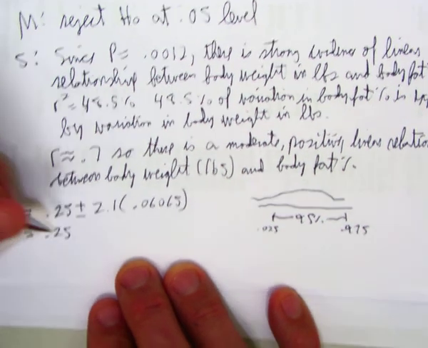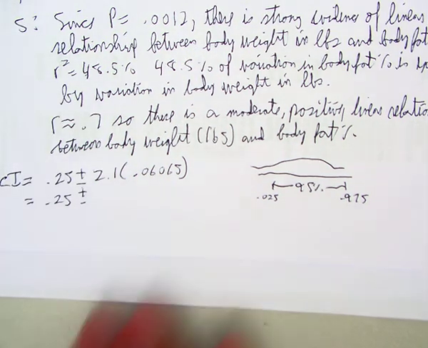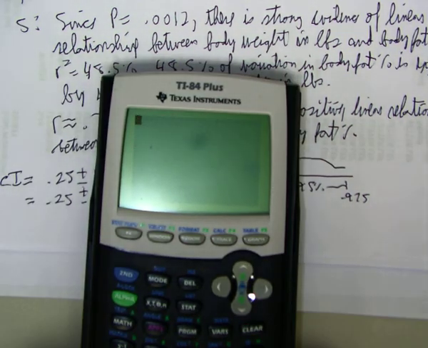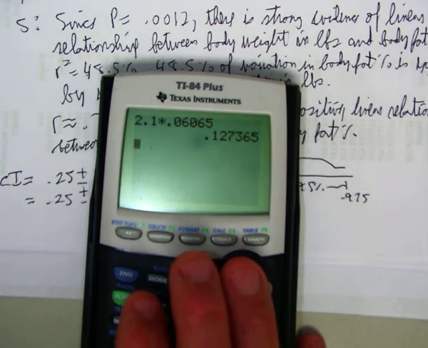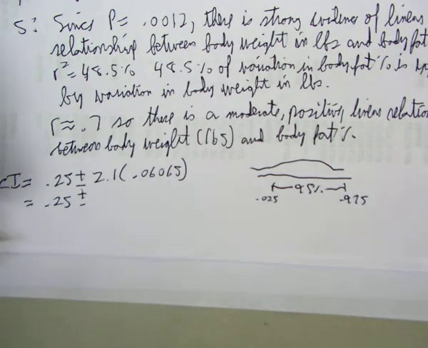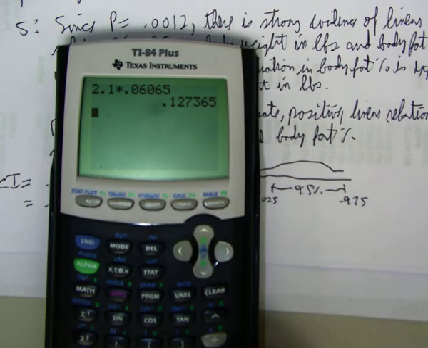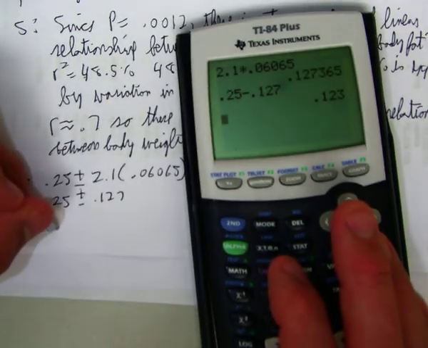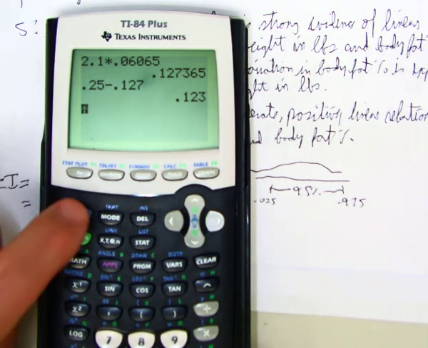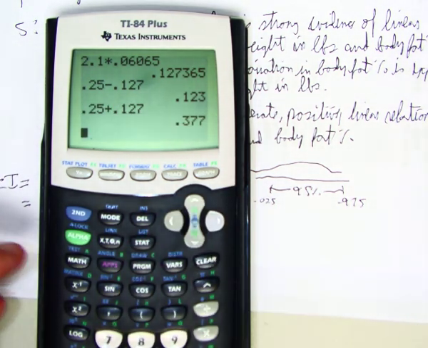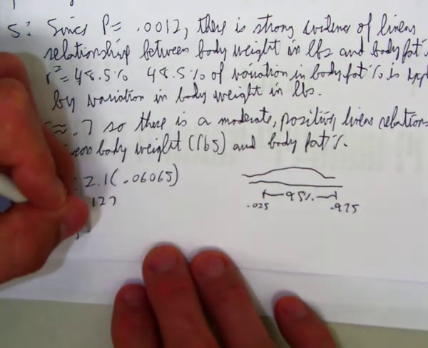So 2.1 times 0.06065 is 0.127. So 0.25 minus 0.127 is 0.123, and 0.25 plus 0.127 is 0.377.